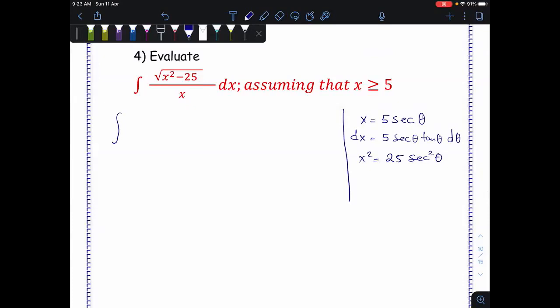So the integrand becomes the square root of 25 sec squared theta minus 25, all over x, replacing x with 5 sec theta, and replacing dx with 5 sec theta tan theta d theta.